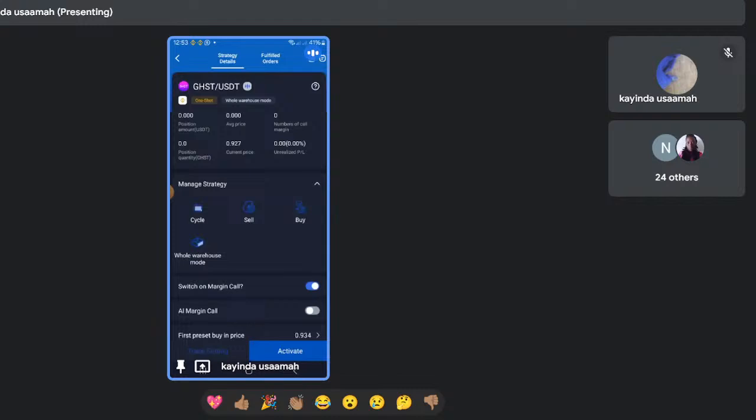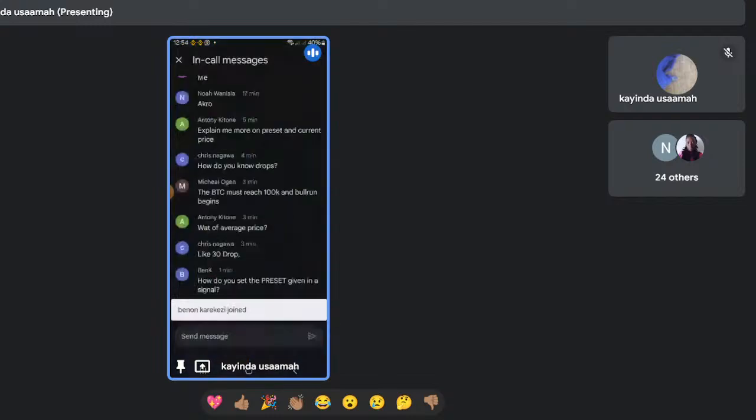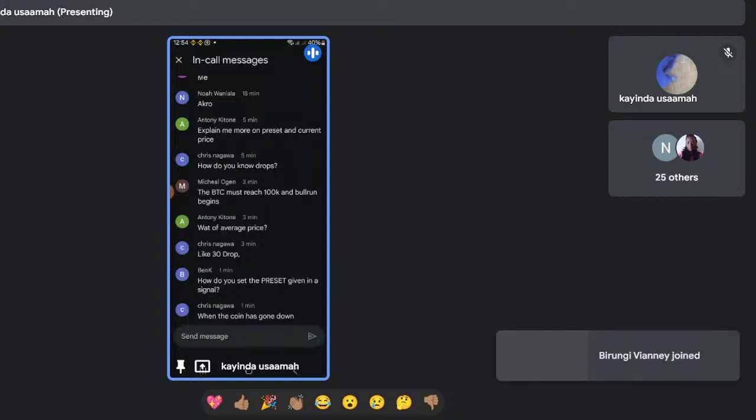He goes to the market and watermelon is at 7,000. He will just buy, not wait for the market to come up to 10,000. That's the same thing the robot does. When you give it a preset price, it will buy at the preset price. But if it finds the prices in the market are cheaper, it will just buy instantly, when the coin has gone down.